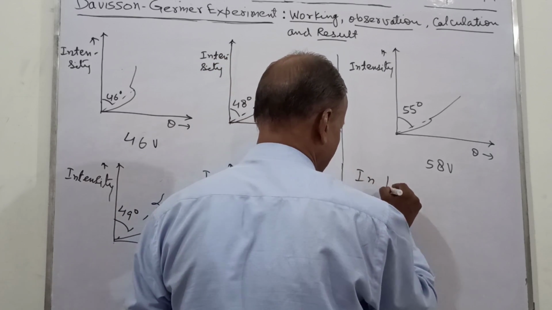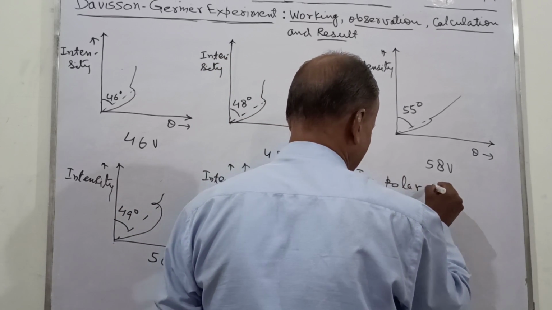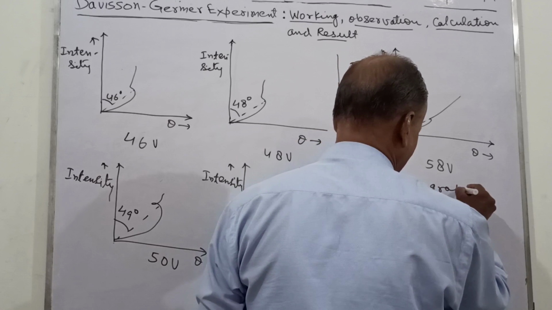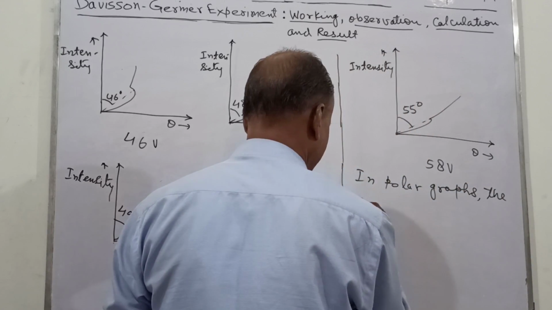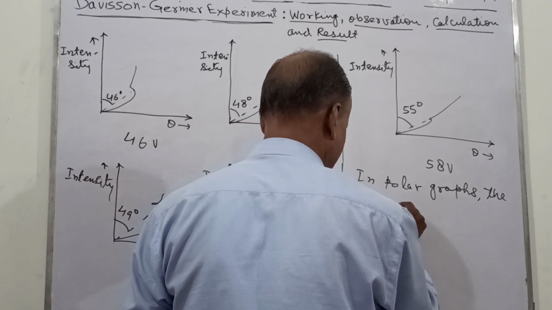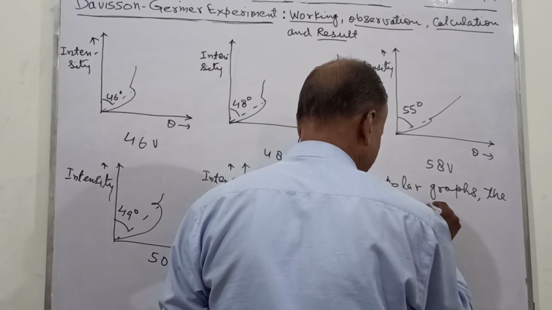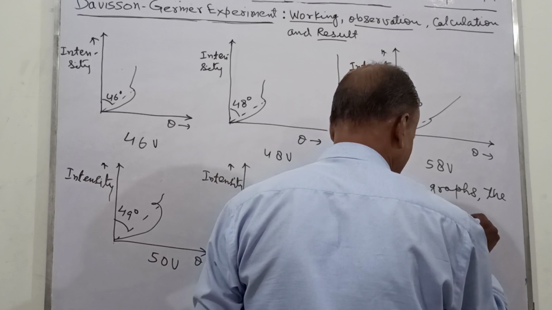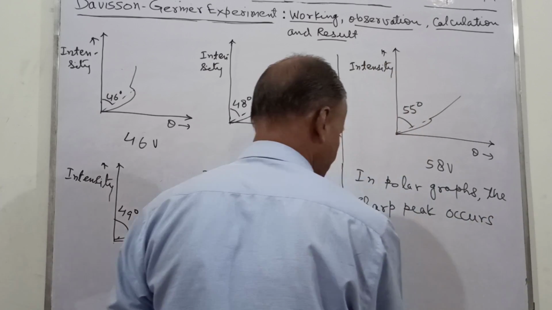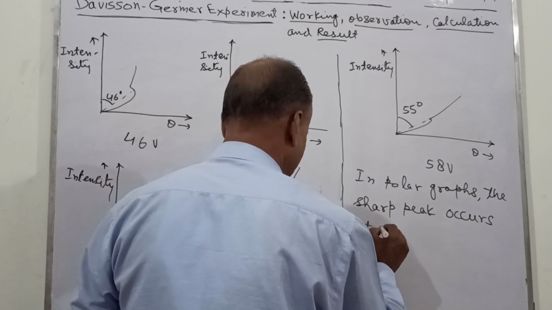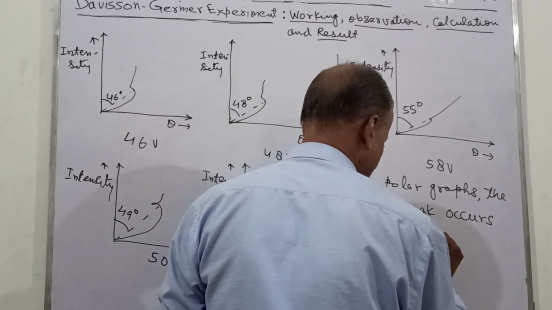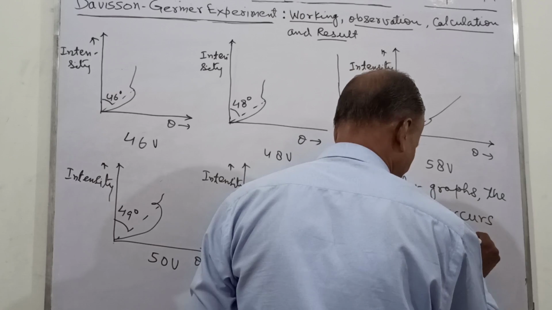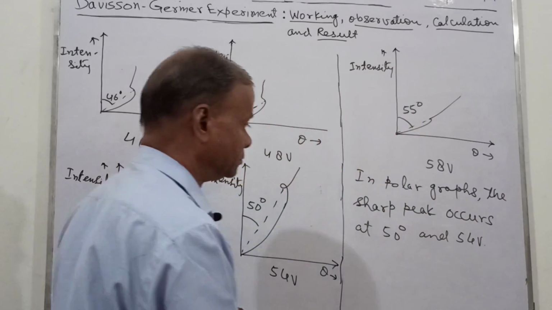So in polar graphs, the sharp peak occurs at 50 degree and 54 volt.